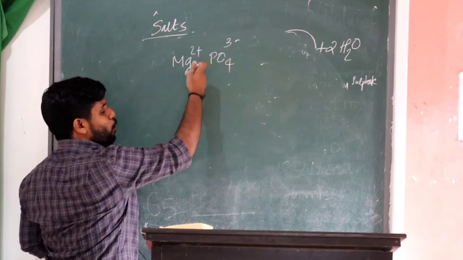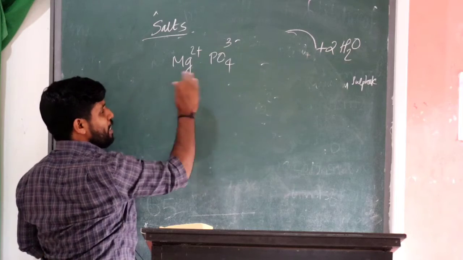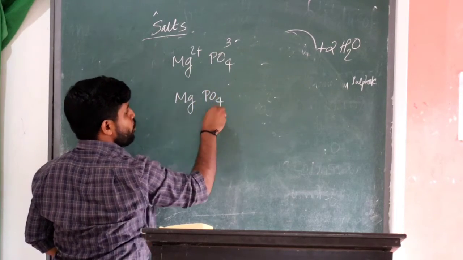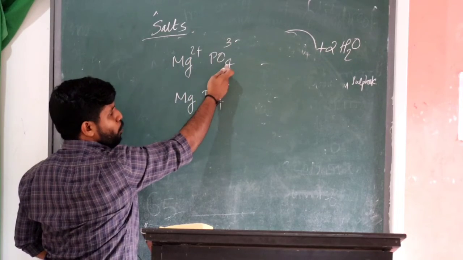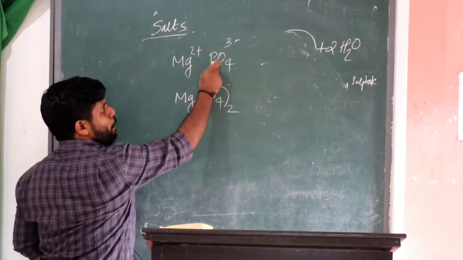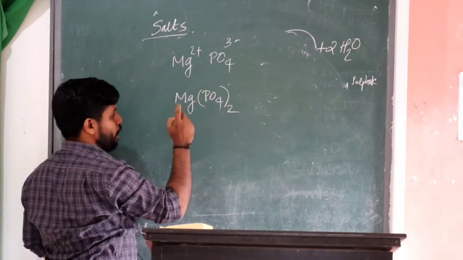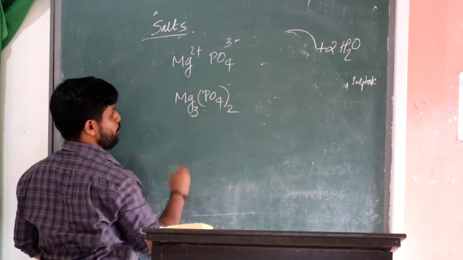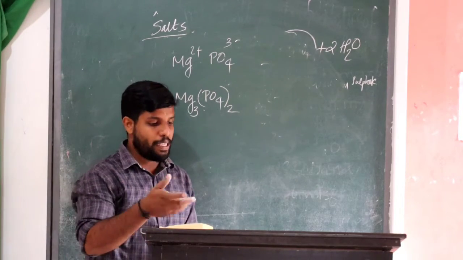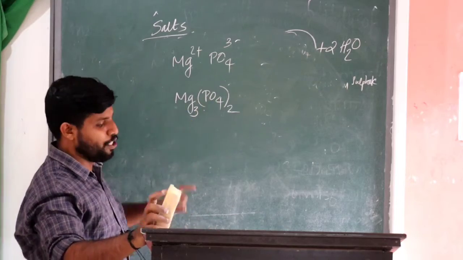There is no need to write the positive or negative, just interchange the value. So Mg is there and PO4 also here. So interchange, 2 is given to PO4, it's a group, so that's why you put a bracket. Then PO4, there is a 3 given to Mg, a single ion, so Mg3(PO4)2. That is the formula of magnesium phosphate.